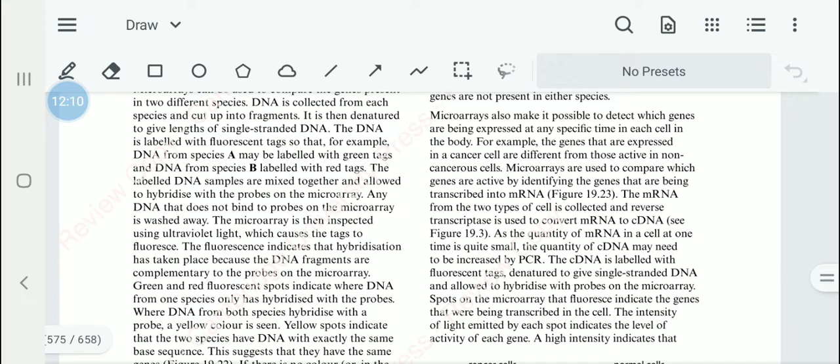This is done by identifying the genes that are being transcribed into mRNA. The mRNA from the two types of cell would be collected, and reverse transcriptase is used to convert mRNA into cDNA.